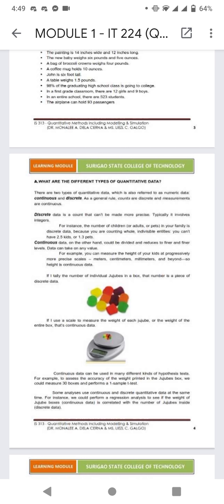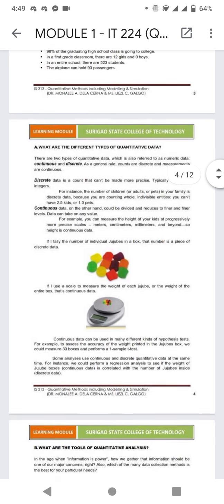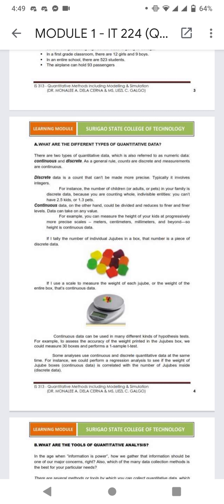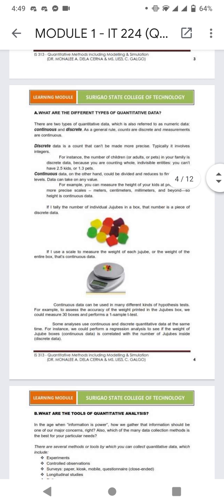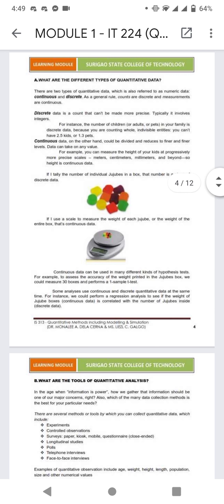Next is the different types of quantitative data. There are continuous and discrete. Discrete data is a count that can't be made more precise, and typically it involves integers only. So it is countable, and there are no other types of measurements. The other one, continuous, can be used in many different kinds of hypothesis tests.